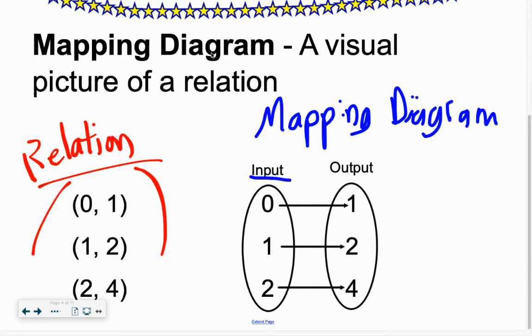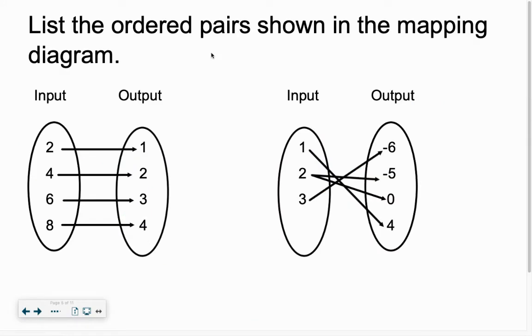So the inputs came from these ordered pairs over here. Notice how the ordered pair had an input of 0, an X value of 0, and then that output, the Y value of 1. So you just list all of those going down. You list them in numerical order, and then you connect them via arrows.